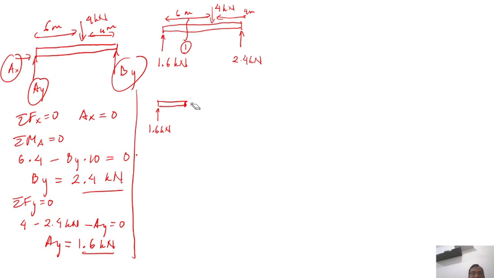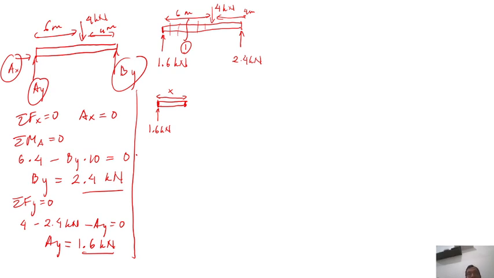But one thing that you have to remember, because I can cut it everywhere here, the distance here I assume as x, which means that I cut it at distance x from the left edge. Okay, the distance from the left edge here is x.